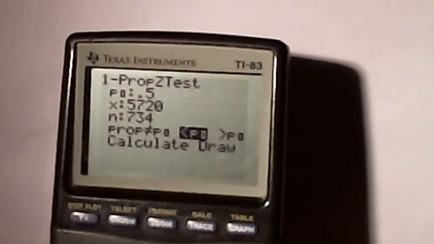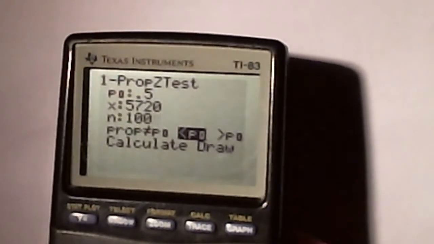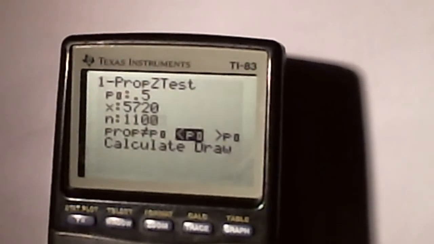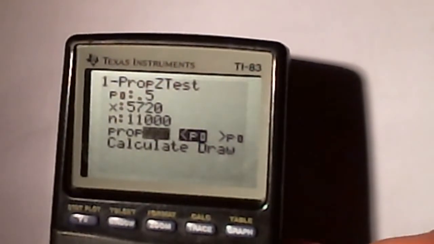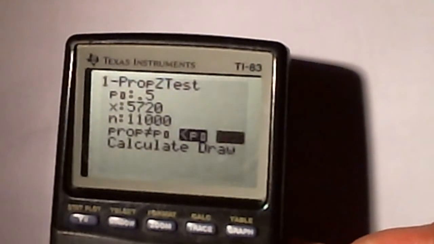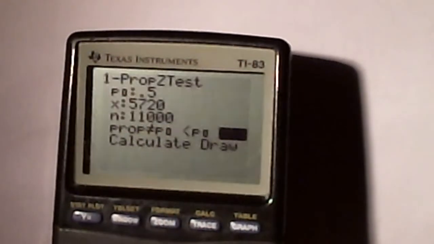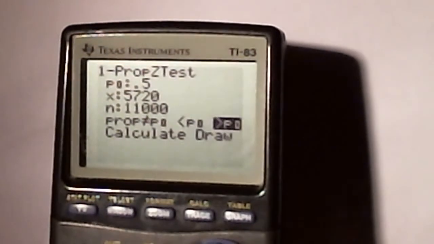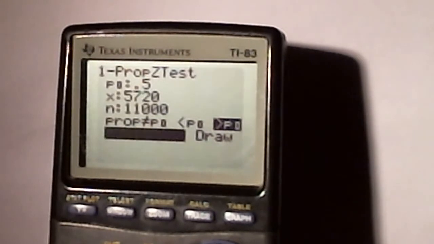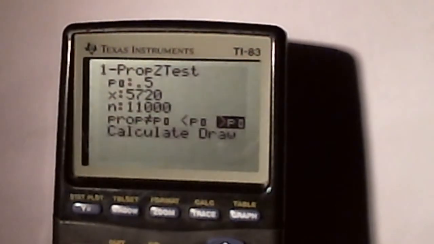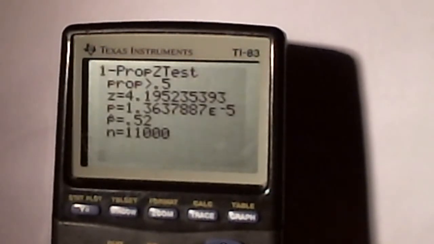Out of the sample size, which was randomly chosen from the parent population, which was 11,000. And this is an upper tail test, so we select greater than, and we're ready to do this test. Go down to calculate and hit enter, and boom, there you go.